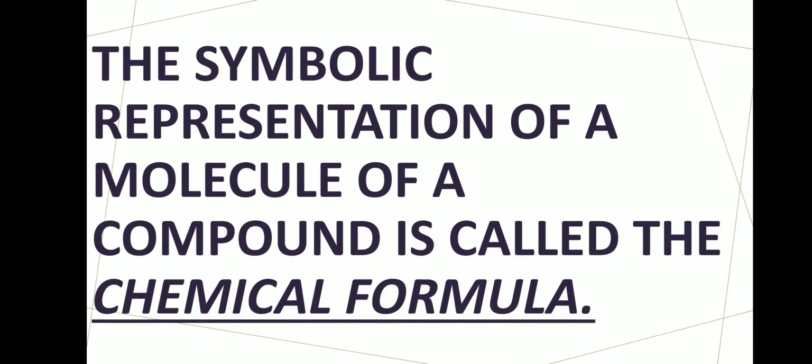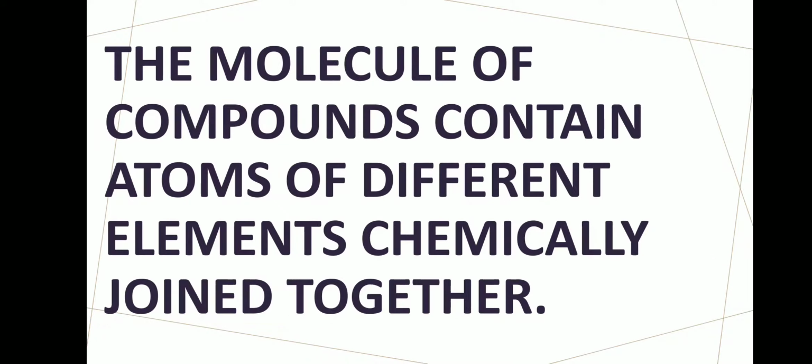The symbolic representation of a molecule of a compound is called its chemical formula. The molecule of compounds contain atoms of different elements chemically joined together.